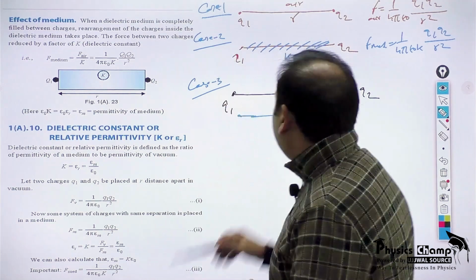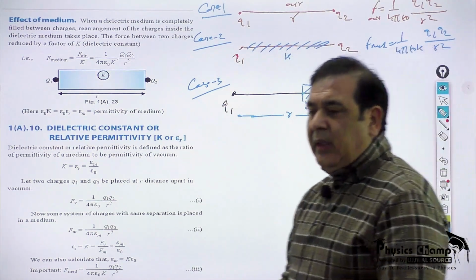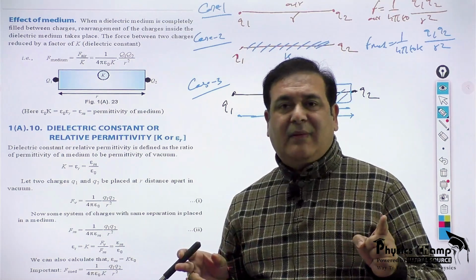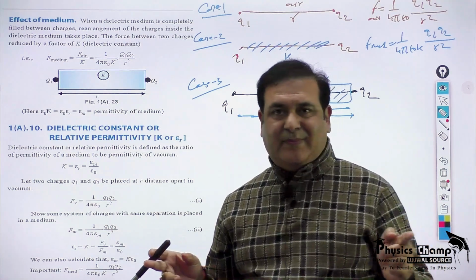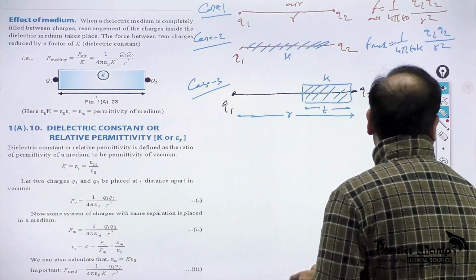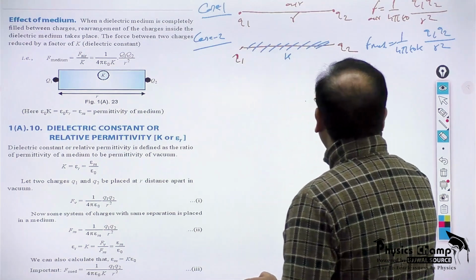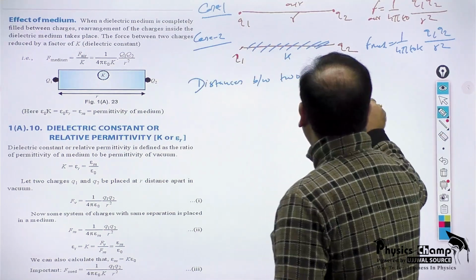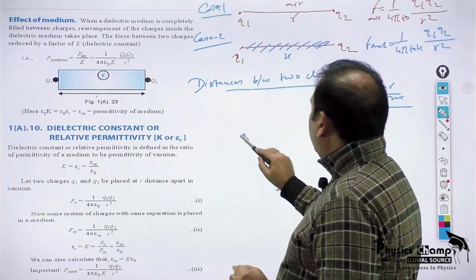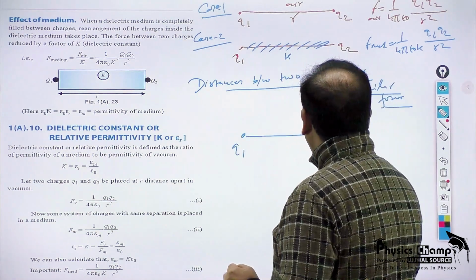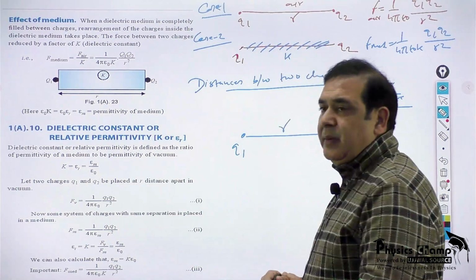So before going into this detail, I would like to look at the distances between the two charges for equivalent force. Now let's try to understand. We have two charges Q1 and Q2. They are placed r distance apart.